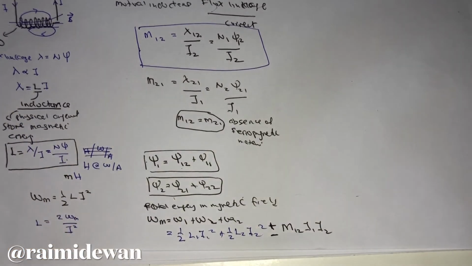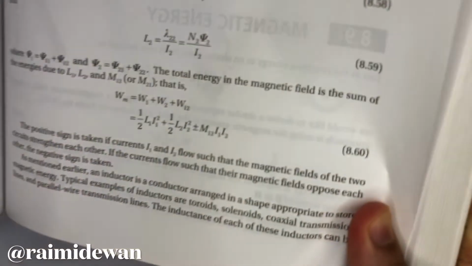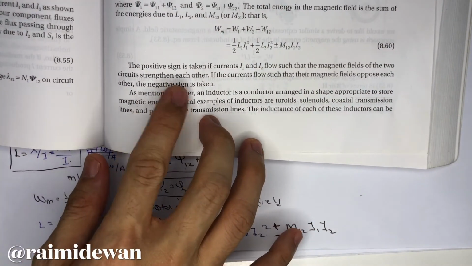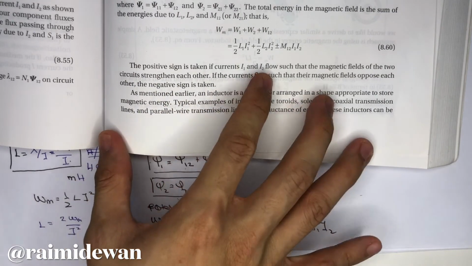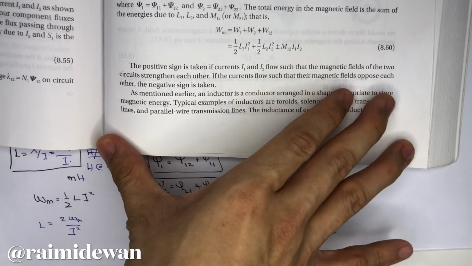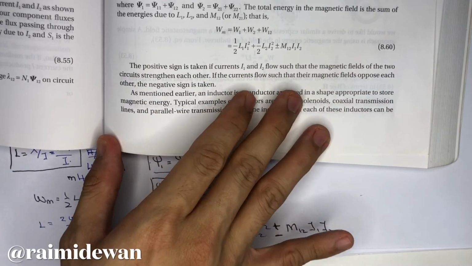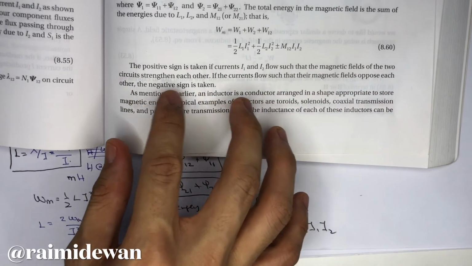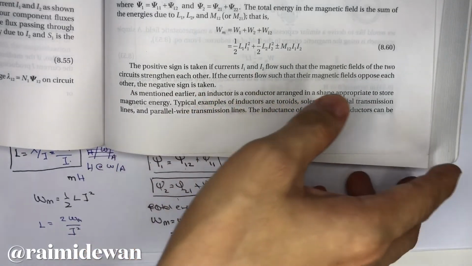And then you see from the Sadiku, it is mentioned that the positive sign is taken if current I1 and I2 flow such that the magnetic field of the two circuits strengthen each other. If the current flow such that the magnetic field oppose each other, the negative sign is taken. Okay.